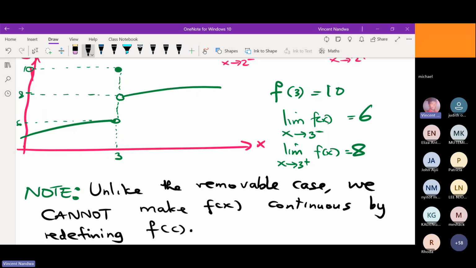Because already the limit doesn't exist, there is nothing we can do, no value we can change, so that all the conditions of continuity are satisfied.